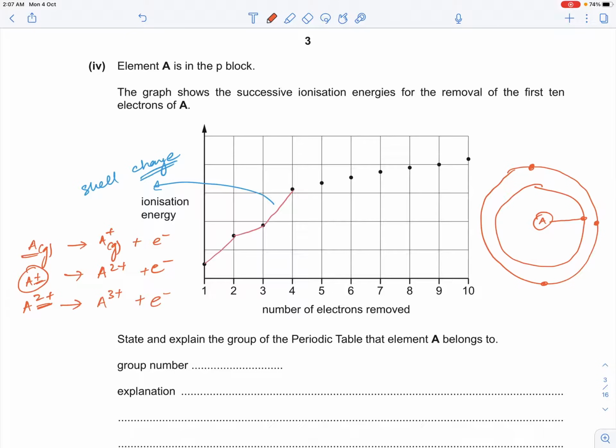So previously, in the case of these 3 electrons, only nuclear charge was increasing, right? But in the case of this 4th electron, nuclear charge has increased, because now we are removing an electron from a +3 ion, right? And in addition, the distance is also decreased.